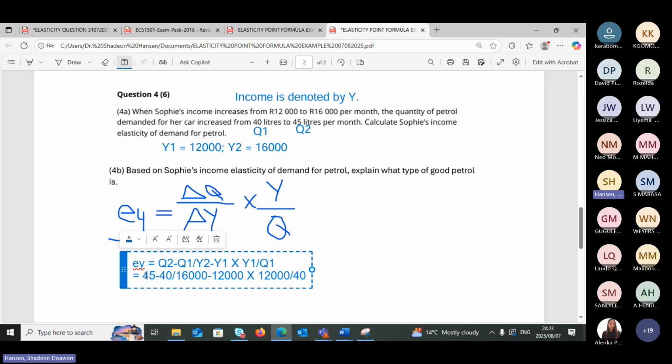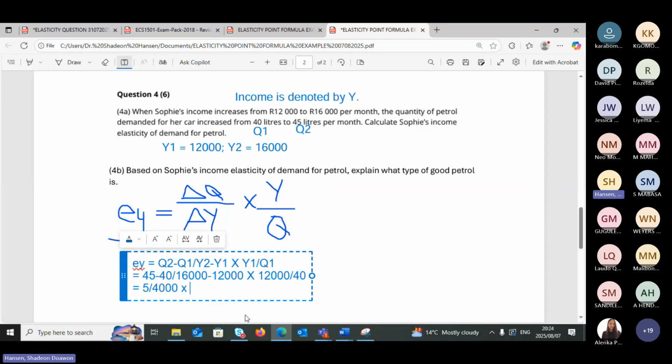You see, we can do further simplification, students. 45 minus 40, that is 5. All right. And of course, 16,000 minus 12,000, that is 4,000. Okay. We multiply that by 12,000 divided by 40. 12,000 can be divided by 40, students. And what would our answer be over there?